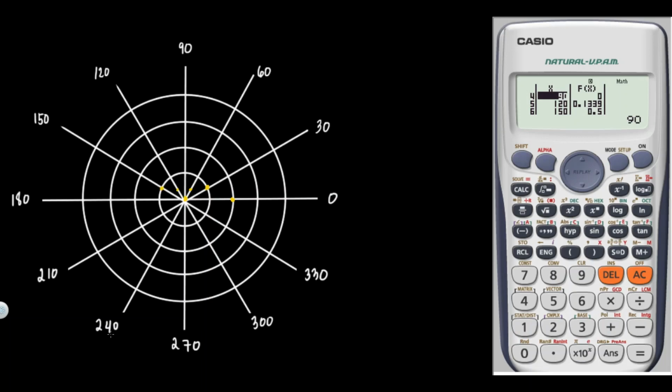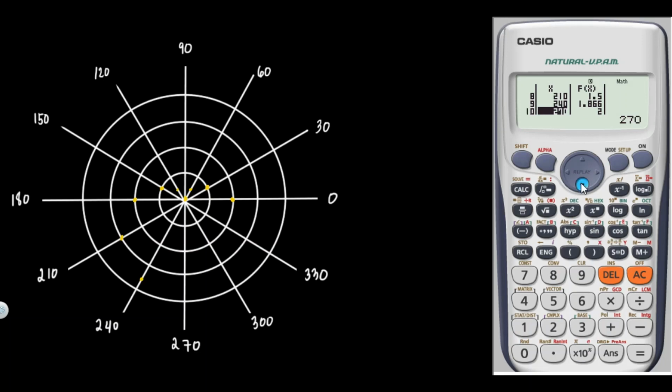Next, 180 is 1. Then 210 is 1.5. Then 240 is 1.866, somewhere around here.